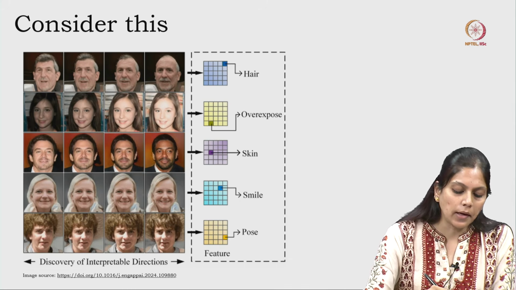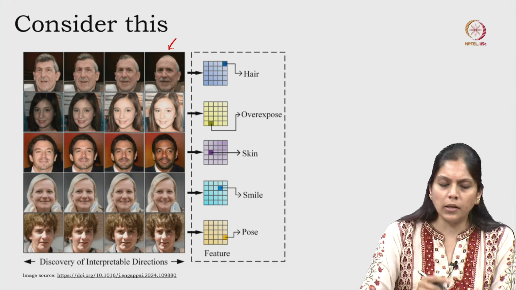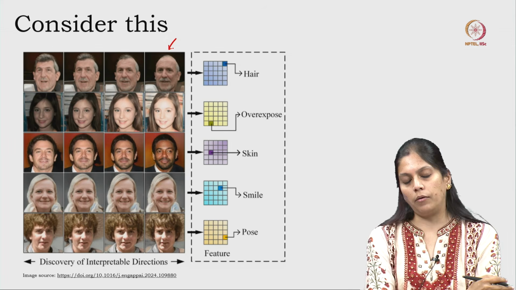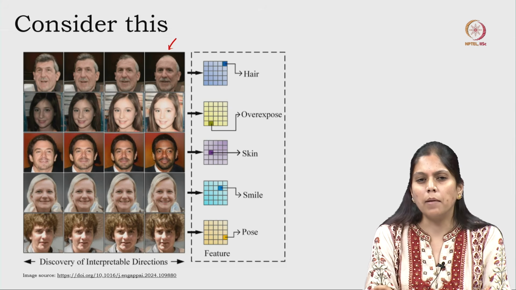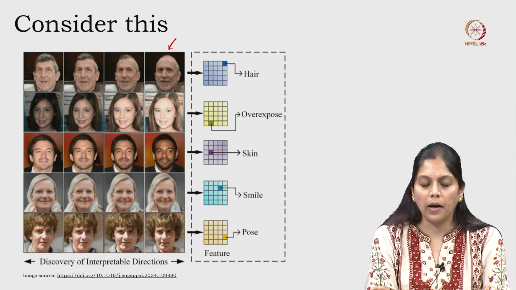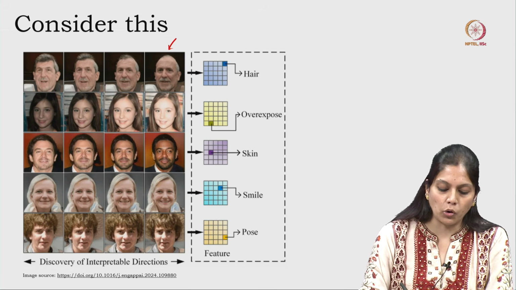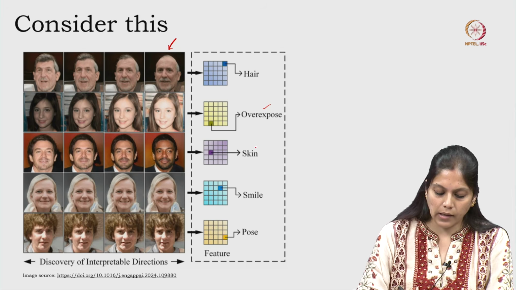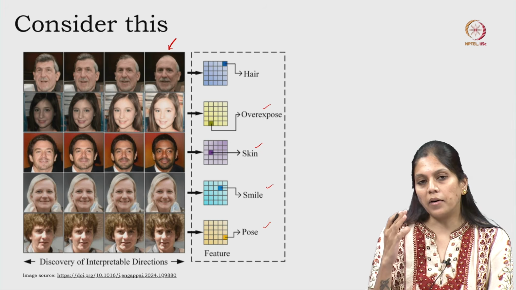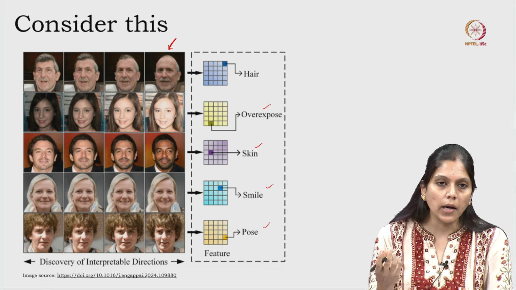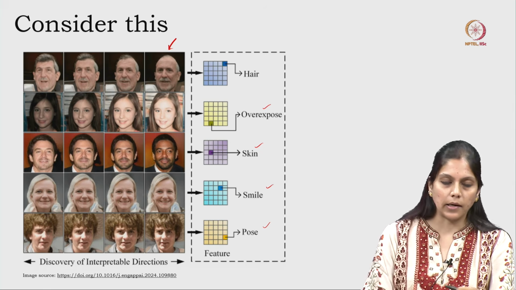Now, further, to understand, look at this particular diagram. When you see this first, this is all the human face. In this, what are the important variations? The important variations are hair, the amount of lighting on the face, skin, smile and pose. These are the different important variations in this particular data set.